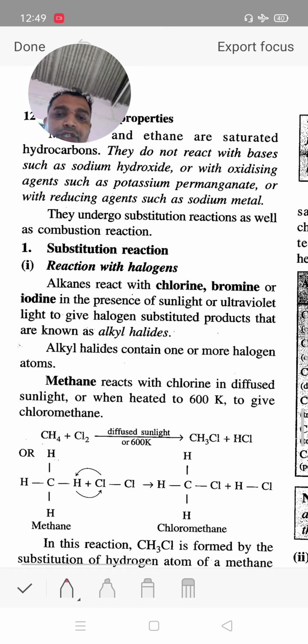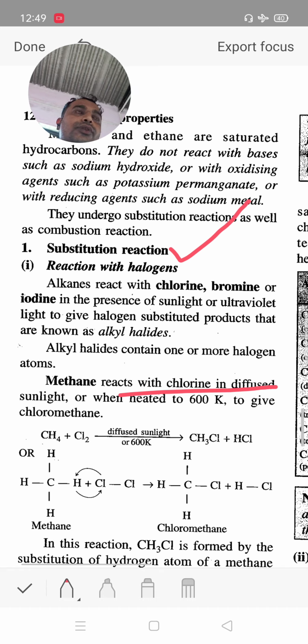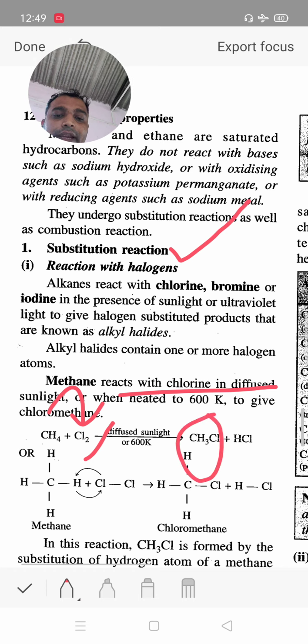Now their reactions. In a substitution reaction, one atom is replaced by another atom. Suppose methane reacts with chlorine, Cl2. One Cl attaches with hydrogen and the other Cl attaches with methyl to give methyl chloride and HCl as a byproduct.